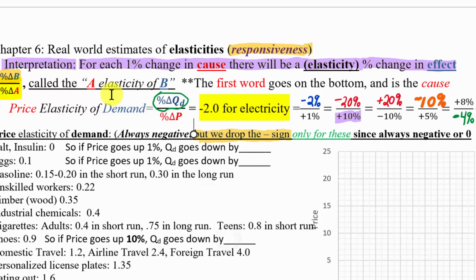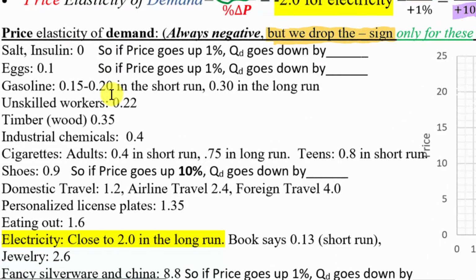All right, now that we've kind of gotten our feet wet, let's look at a few other examples of elasticities. These elasticities come from many, many different sources, many different studies that have been done over the last 20 or 30 years, looking at different products and services. When the price goes up and the quantity goes down, how much?